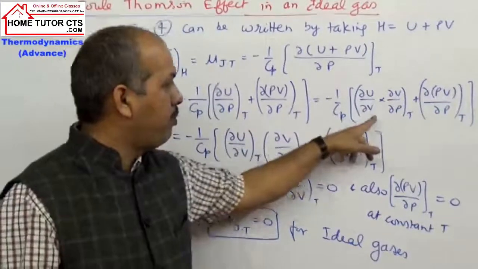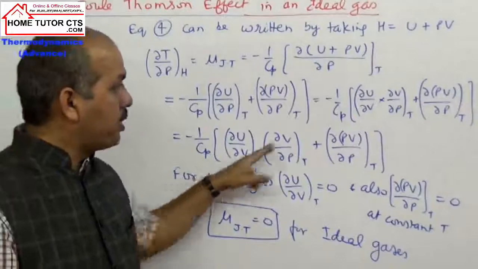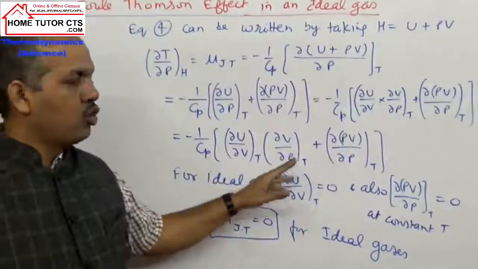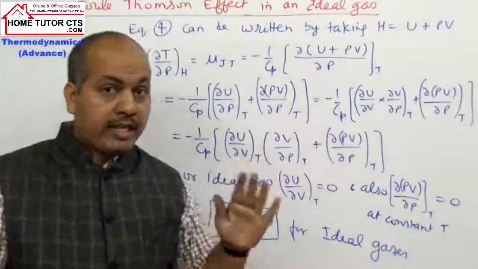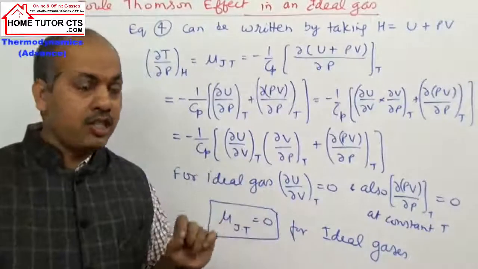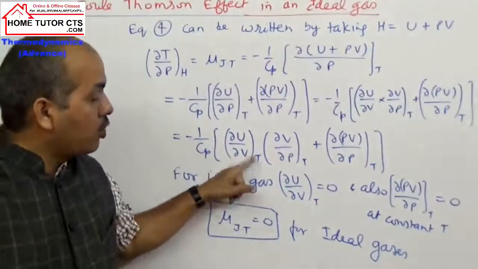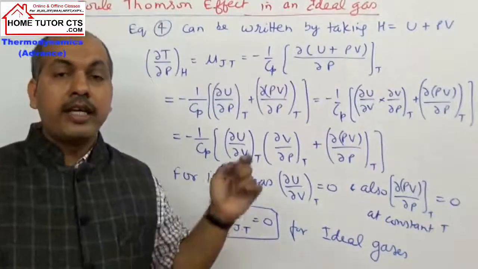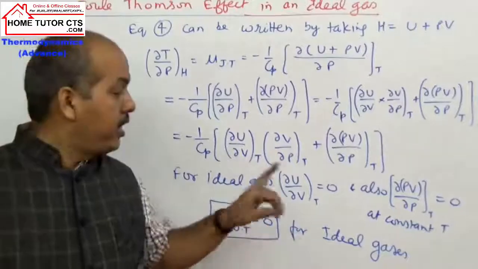I can write this expression in this form, and then rearranging I can write it in this form. When written this way, we have already taken the definition earlier. For an ideal gas, by definition, this term del U by del V at constant temperature, which is called internal pressure, is 0 for an ideal gas.